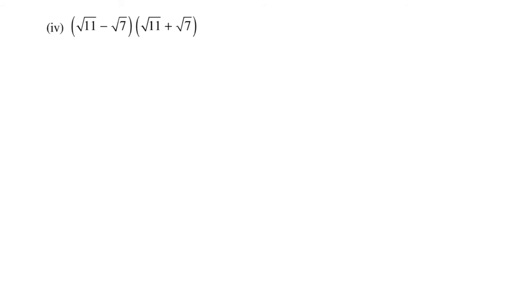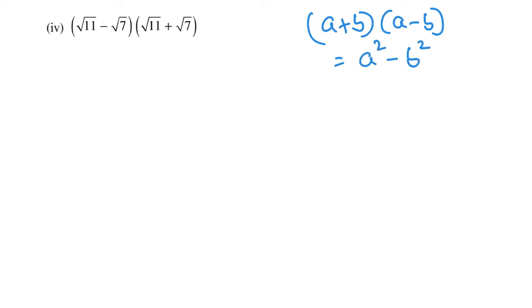Simplify the following. Square root 11 minus 7 times square root 11 plus square root 7. What do you get? Is this in the form a plus b times a minus b, which is nothing but a squared minus b squared? A minus b, a plus b, whichever comes first, it doesn't matter because it's multiplication.